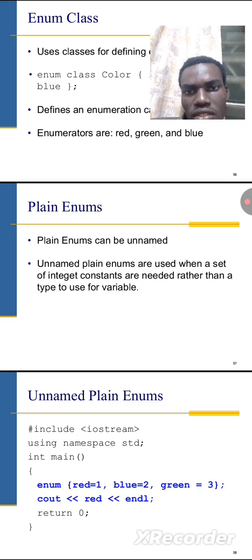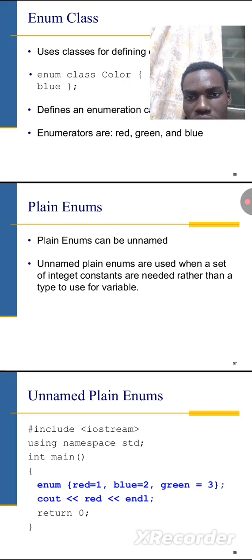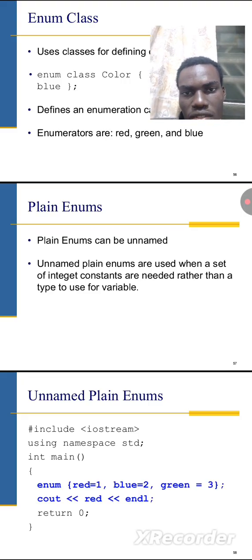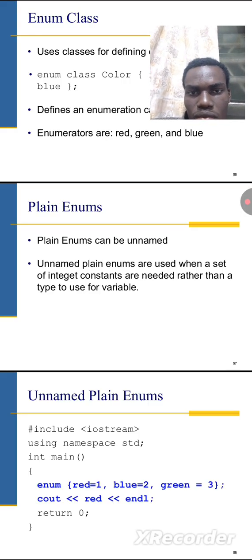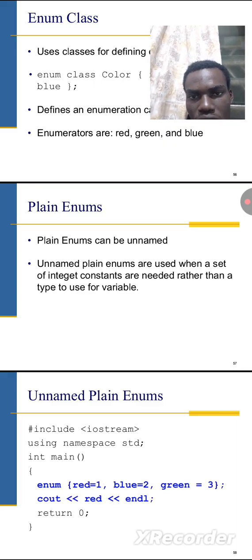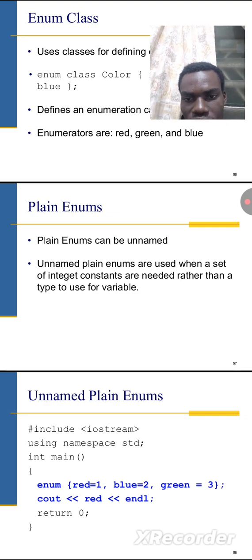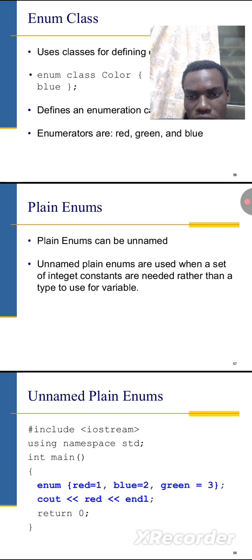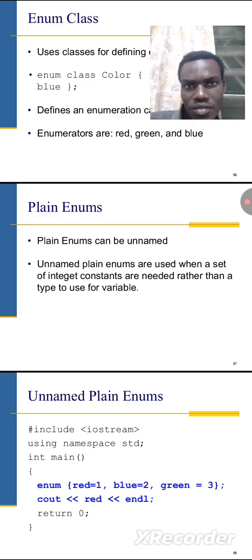It can be unnamed, and unnamed plain enums are used when a set of integer constants are needed rather than a type to use for variable. So here's an example of it, as you can see.